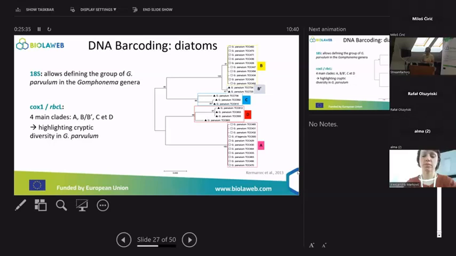So it shows us that it was a complex species with cryptic diversity, and that was interesting, and that helps go deeper in the taxonomy. I will not go deeper here.